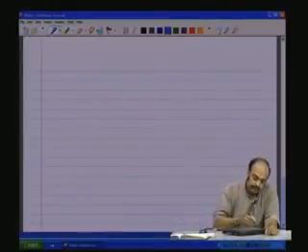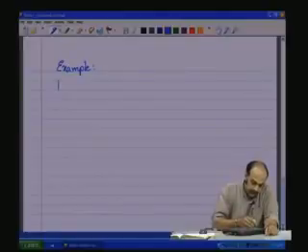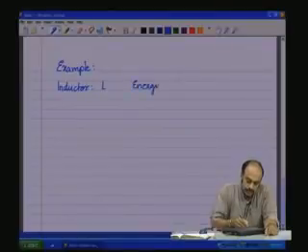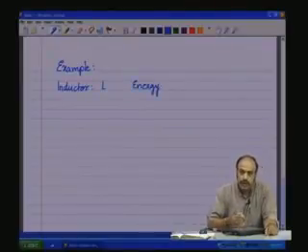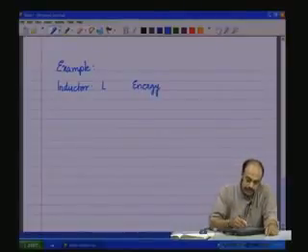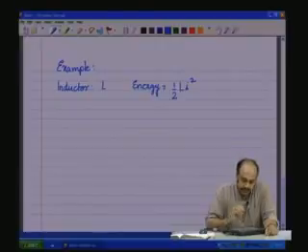For example, let me take the case of the inductor L. In the inductor, the energy is stored by virtue of the kinetic energy, by virtue of the flow of the current, and it is given by half L I square, which we saw in one of the earlier sessions.